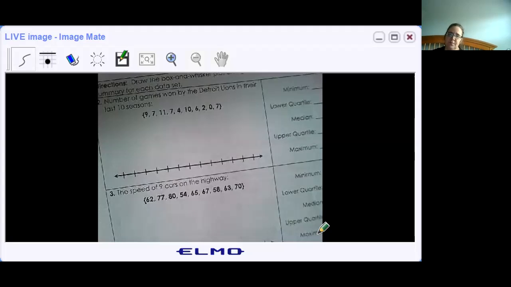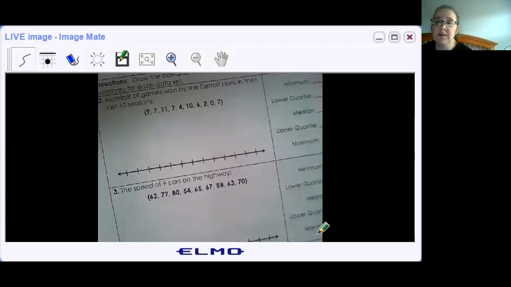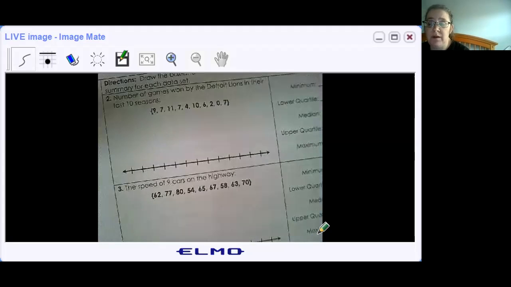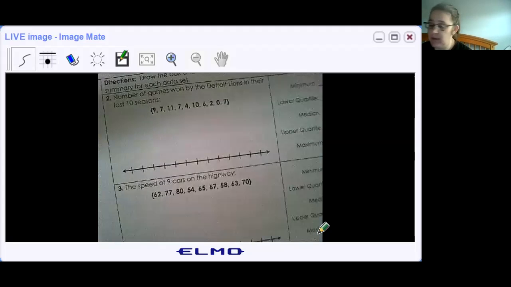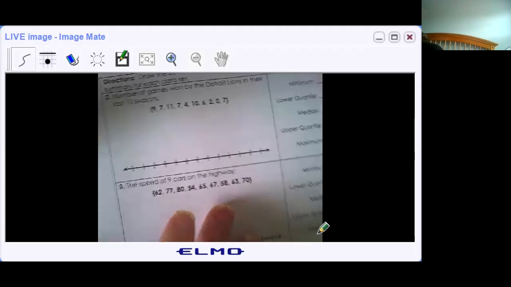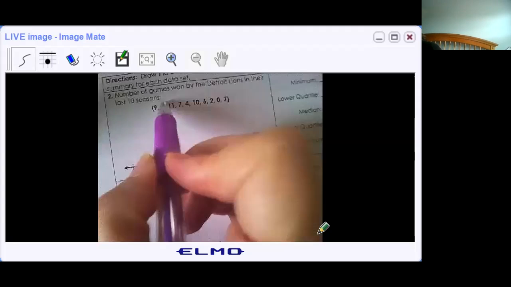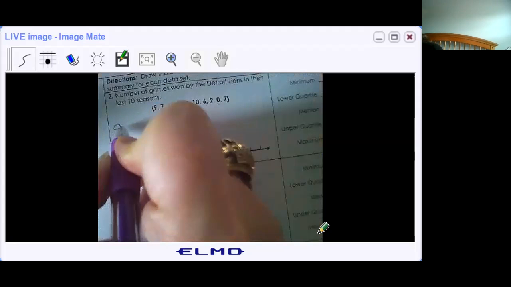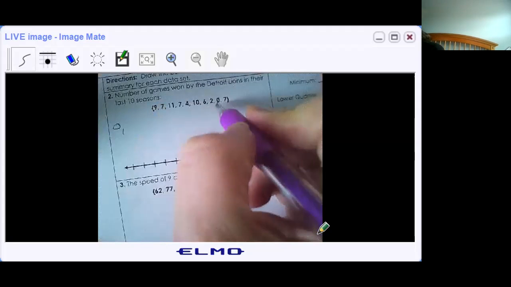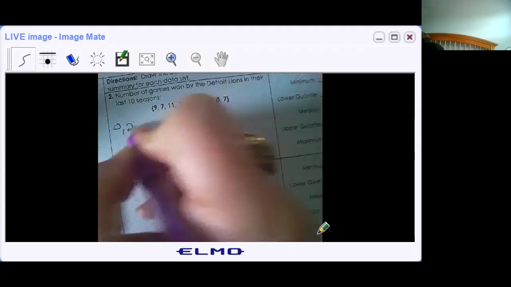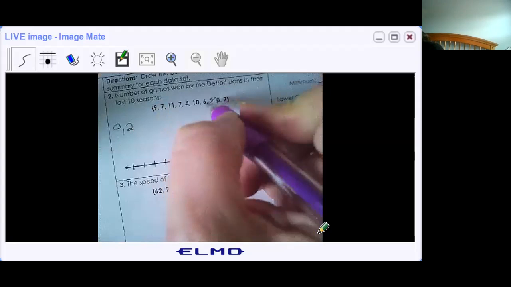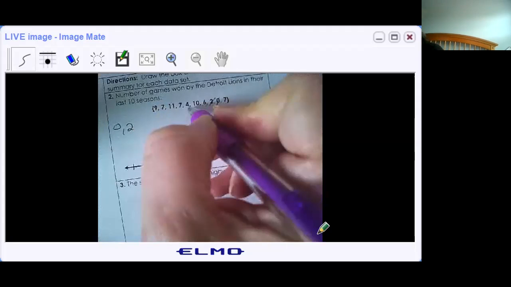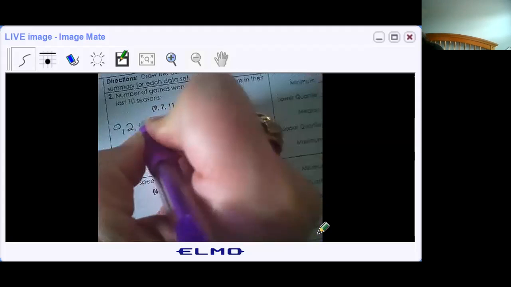Okay, guys, let's look at this and let's go through our steps. Step number 1, put them in order from least to greatest. So let's look. Going through here, my smallest number is 0. Then I have 2. And look, I have 2 number 4s, so I actually have to write it down 2 times.